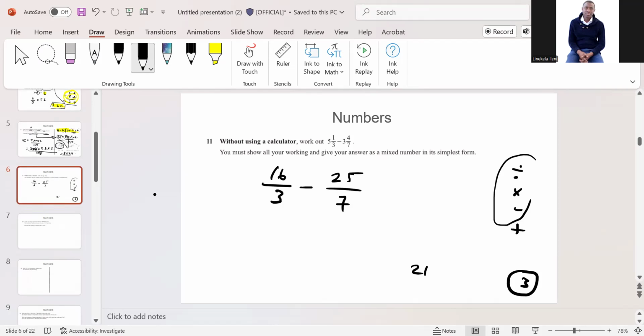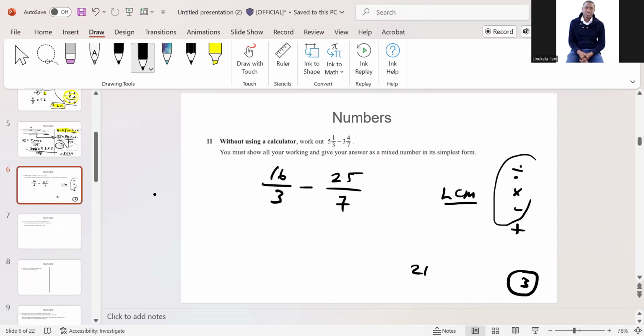So what do we now need to do to then simplify this? Generally what we need to do to simplify this, guys, is to find what we call the lowest common multiple, by making the denominator literally the same.